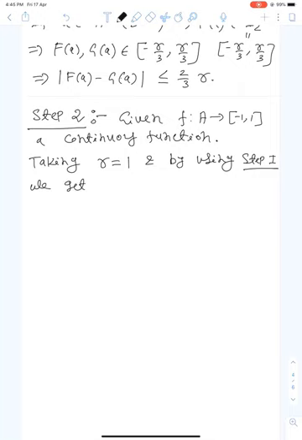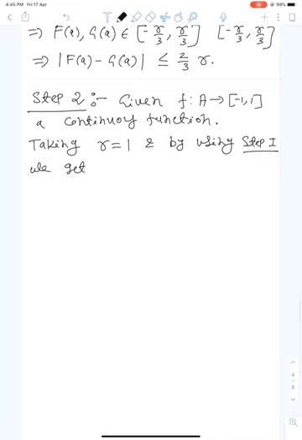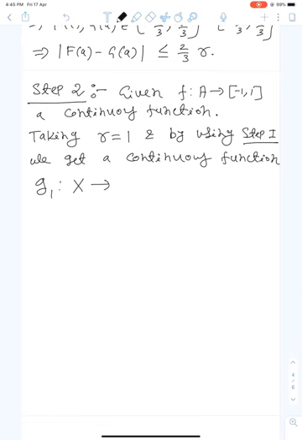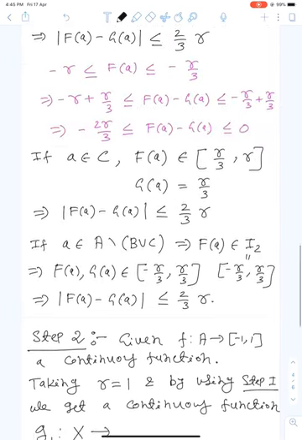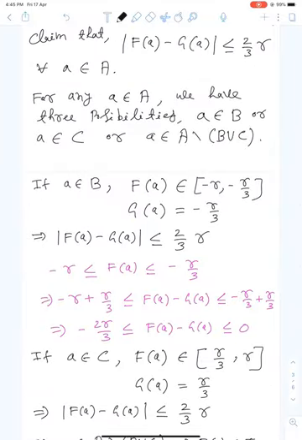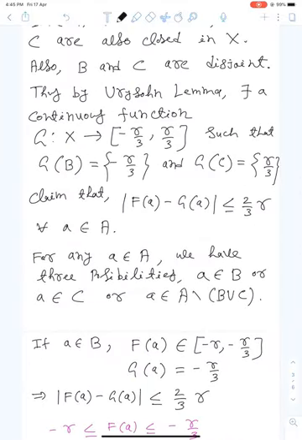But here we can rename that g because it is a particular one, right? So we get a continuous function, say it is my g1, from x to, see what is the codomain of capital G? My codomain of capital G was minus r by 3 comma r by 3, right?